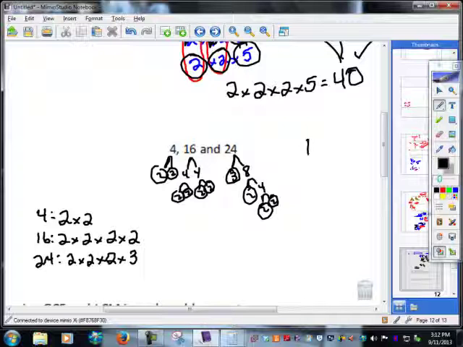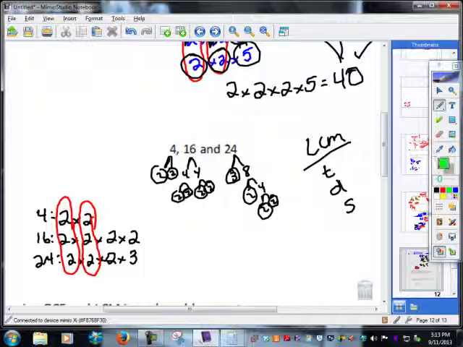Okay? Now again, since we're doing LCM, what are we looking for? Triples, doubles, singles. Okay? I see triples there. And I don't see any other triples, but what I'm going to do now is I'm going to cross off 2 of those from each and circle 1.